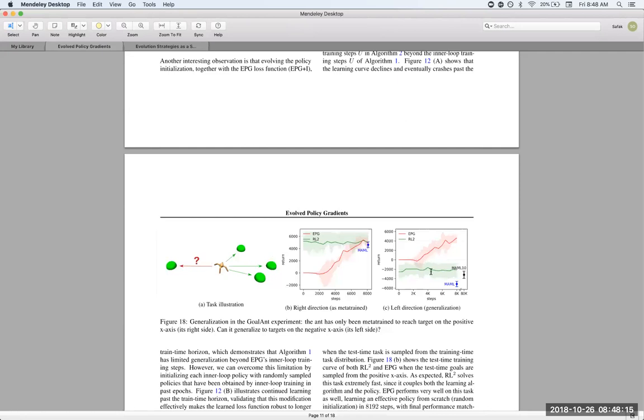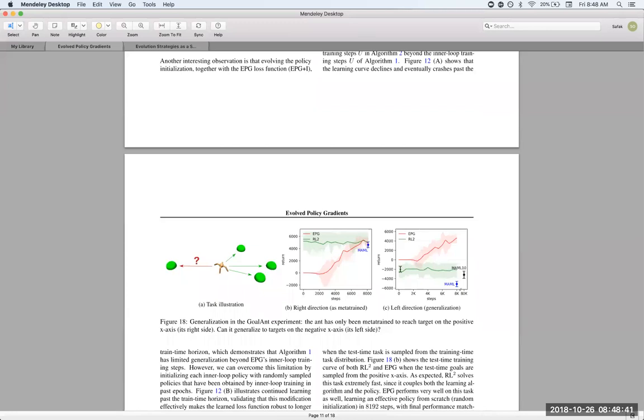So RL squared does not learn how to move to the left target at all. It's just a flat line. But EPG learns how to move even though it has not seen during its training a target that lies to the left of itself. So this is the gain of the new method, basically.